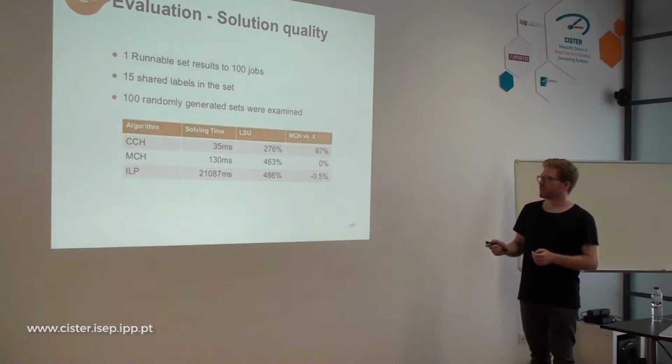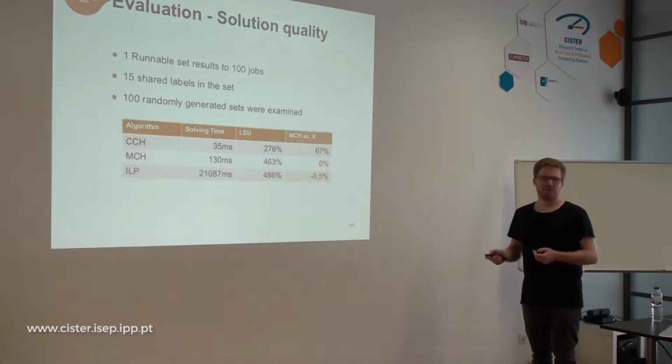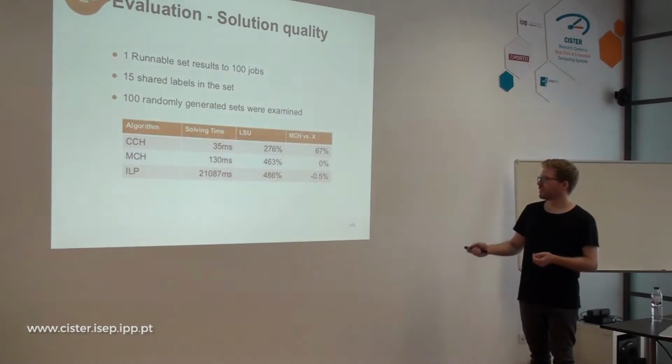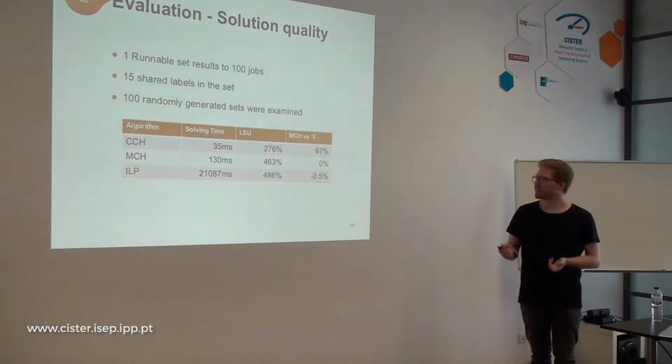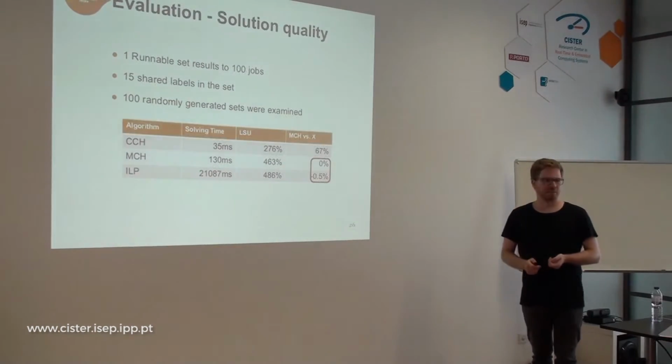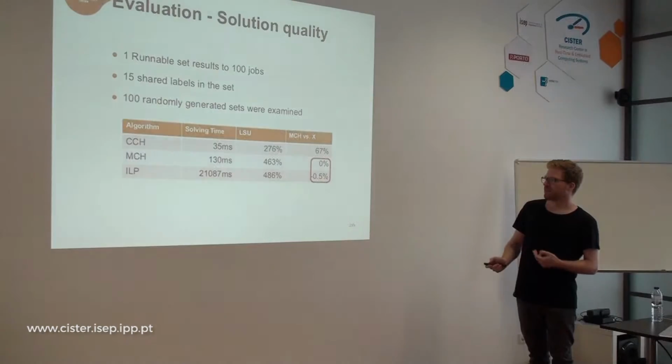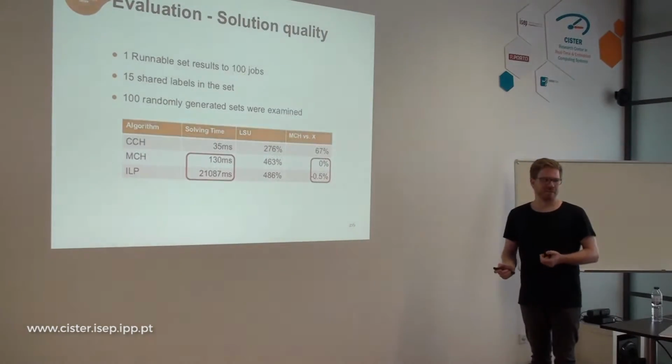Then what we can see is that we noted the average solving time and last schedulable utilization as before. And in the last column we have the improvement of ours against the others. We can see that while we clearly outperform the core-centric heuristic, we perform a little bit worse than the ILP. But on the other hand, we are much, much faster than the ILP.